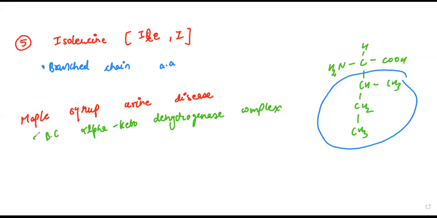This is the enzyme, and due to its deficiency, accumulation of branched chain amino acids takes place. And which branched chain amino acids? Leucine, isoleucine, and valine.